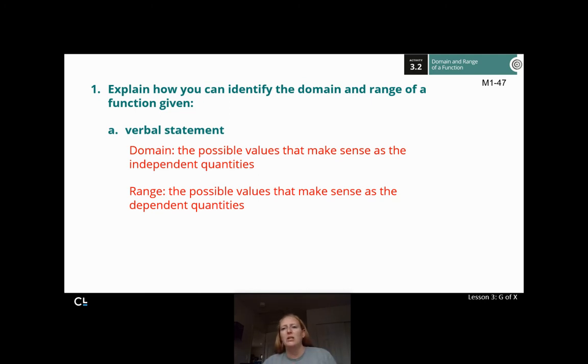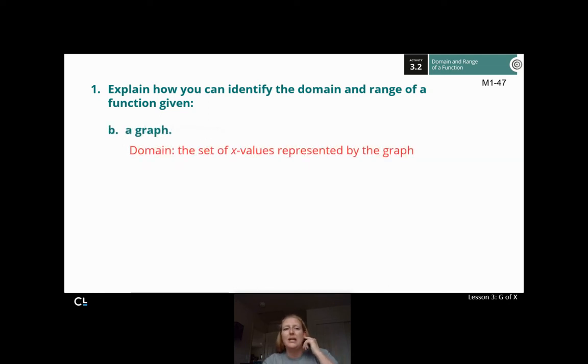So we've played with this a little bit before. I mean, you can do it verbally, but you know what? I really like finding domain and range on a graph. That's probably my favorite way to do it. Because with my domain on a graph, I can just look for all the x values, right? On a graph, it's great. I'm just like, there are my x values. That's what my domain is.